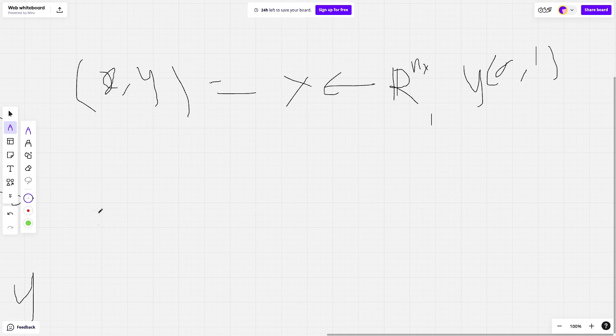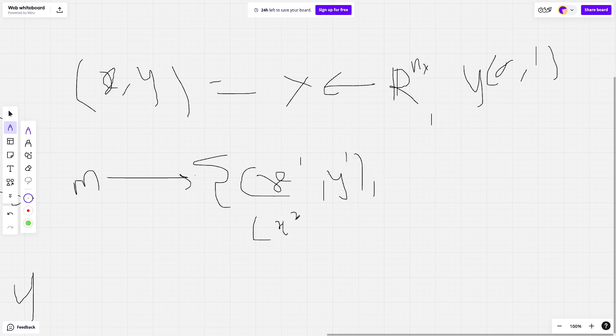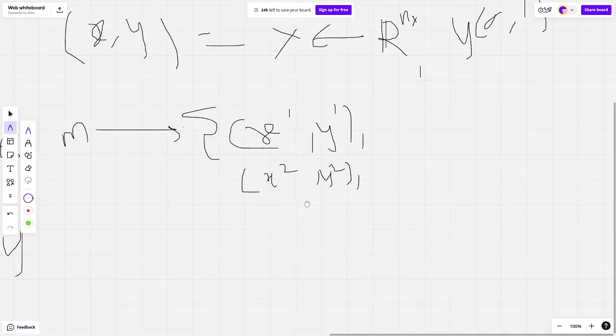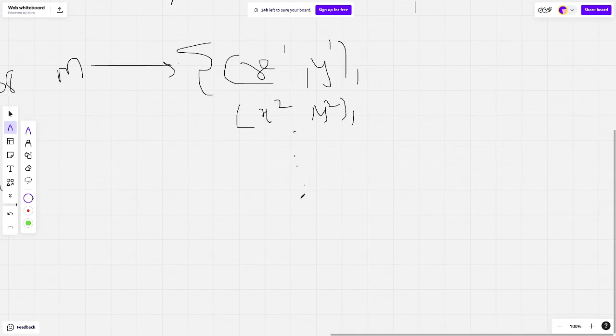So this is for a single example, and when we are thinking of m training examples, it will look like (x1, y1), (x2, y2), and this will go on until (xm, ym).